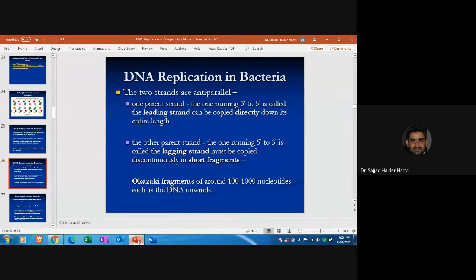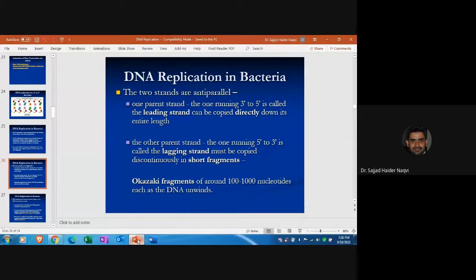So we have two strands which are bonded together with hydrogen bonding. If one strand of the template DNA is 3 prime to 5 prime, the other strand will have the opposite orientation, which is 5 prime to 3 prime.